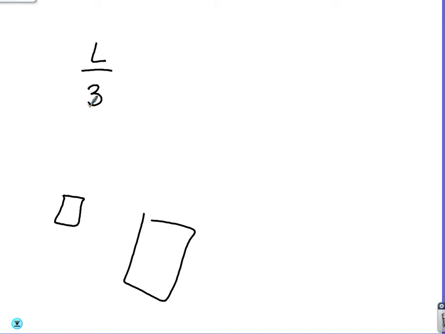Let's do another one. If you've got two shapes, let's say it's 2 cubes again. Imagine that was a 3-dimensional cube. I just have the bottom of it. What if this one is 3 times as big? Your linear scale factor is 3. To go from this side to this side, you're going to multiply by 3. How much bigger would the areas be? Well, it's 3 times as tall and 3 times as wide.